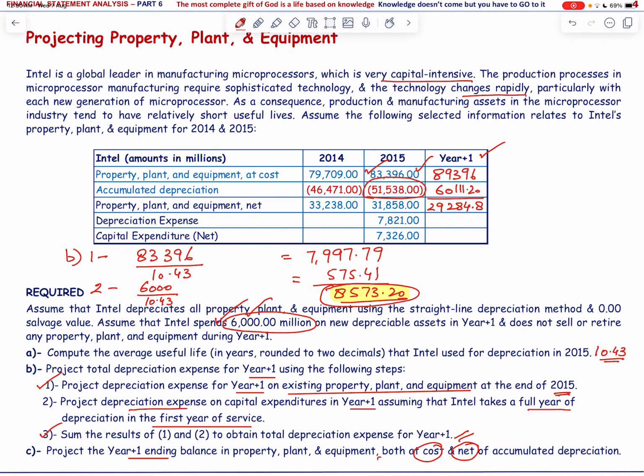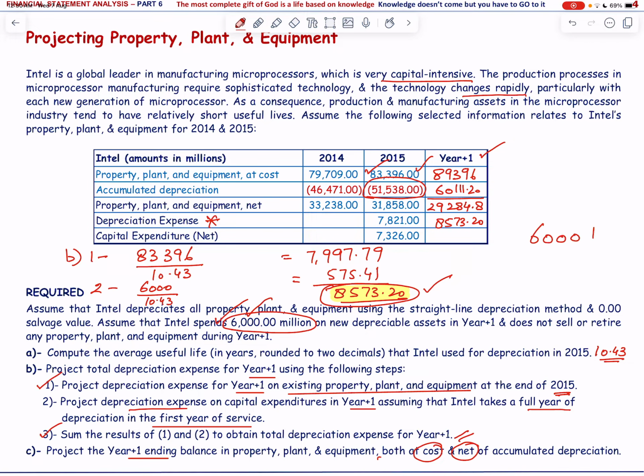And the depreciation expense we have already calculated, that is 8573.20. And finally they are asking us the both at cost. So the capital expenditure at cost is going to be 6,000 million, or you can say 6 billion.